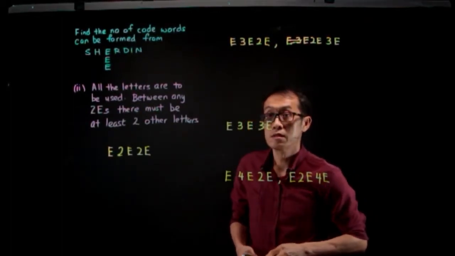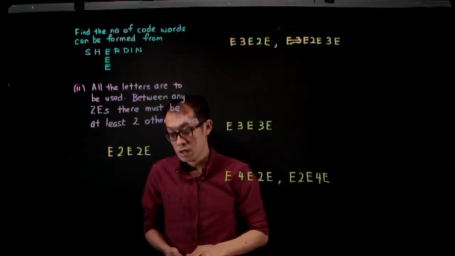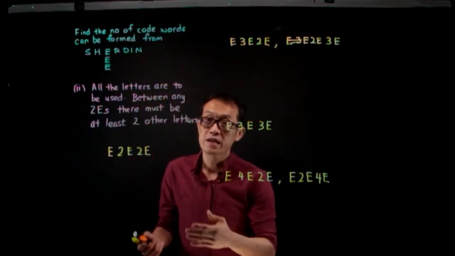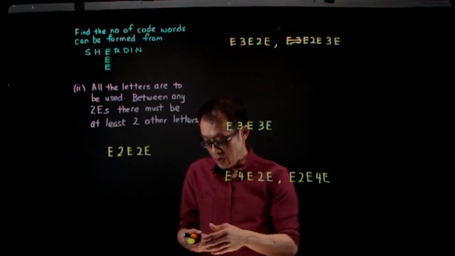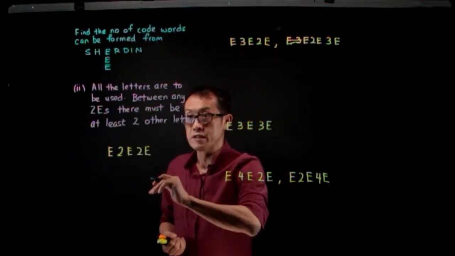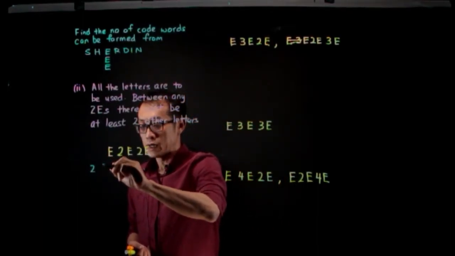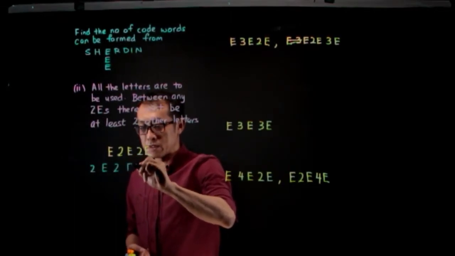Now let's work out this option first. This option can be further categorized into a few other categories. Now, what are the possible categories? You can have 2 other alphabets followed by E, 2 other alphabets.